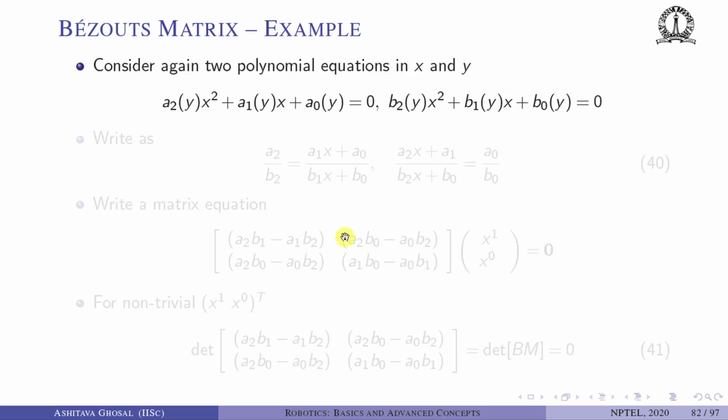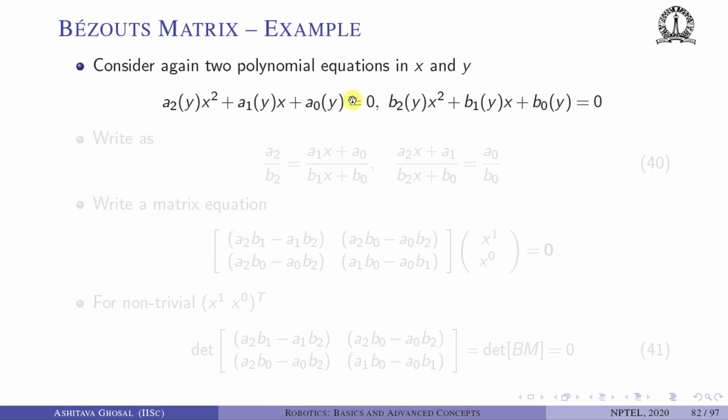So, example. Consider again two polynomials in x and y, the same two polynomials: a2 y x squared plus a1 y x plus a0 y equal to 0, and b2 x squared plus b1 x plus b0 equal to 0. So we write a2 y x squared is equal to minus a1 x minus a0 y.